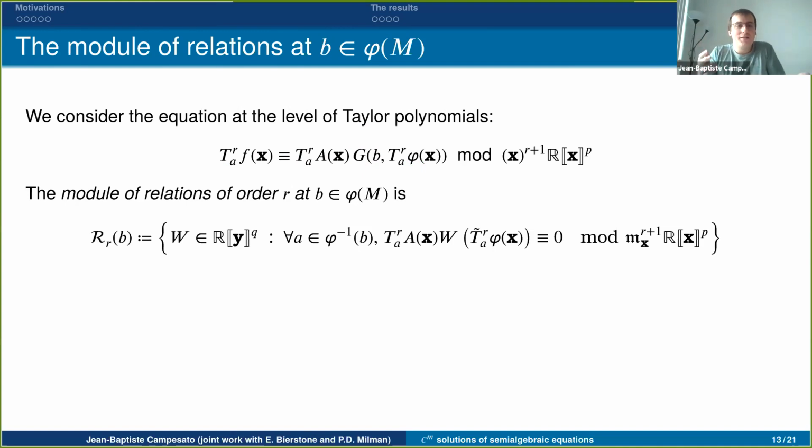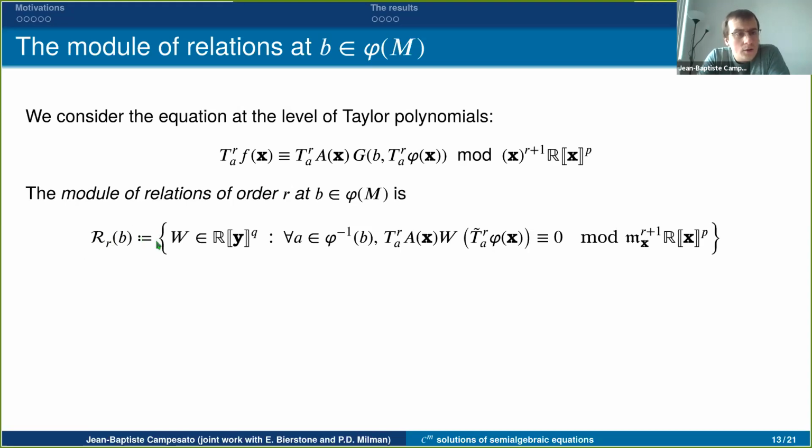The kernel in a linear algebra problem measures how undetermined the equation is, and here the module of relations is in some sense very similar. It measures how undetermined the problem is, or how non-unique the solution is.